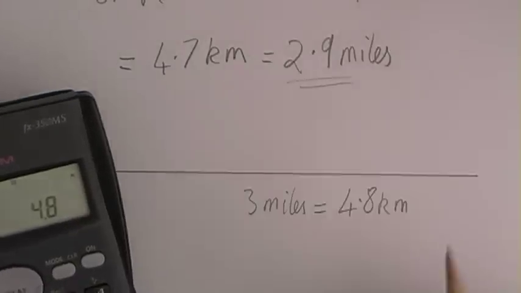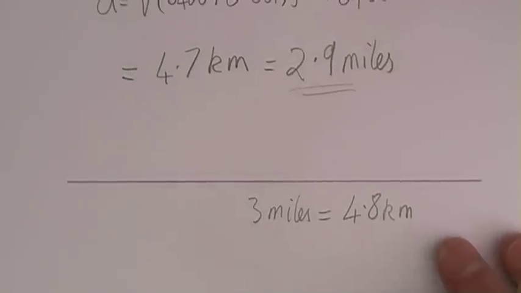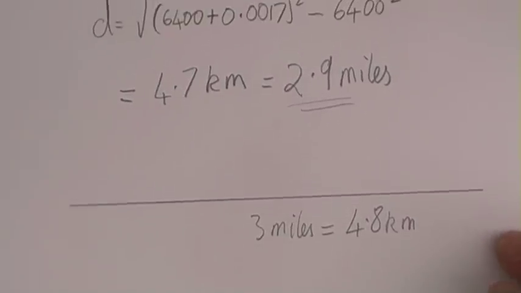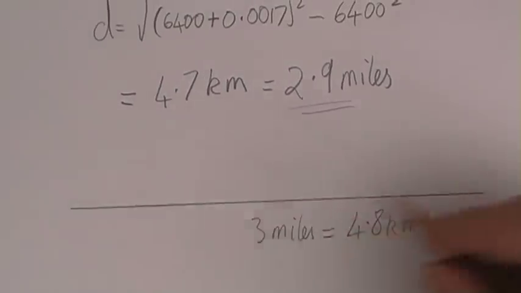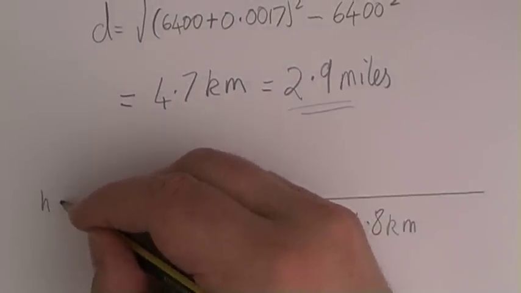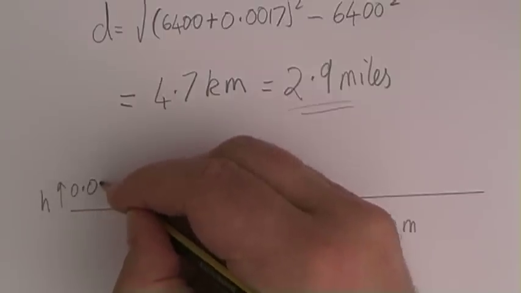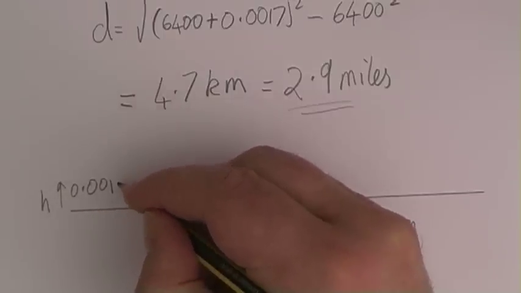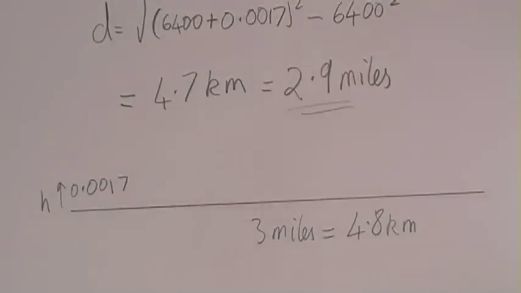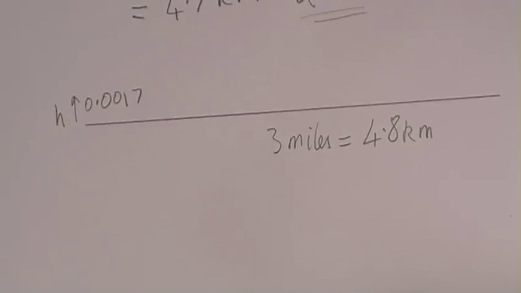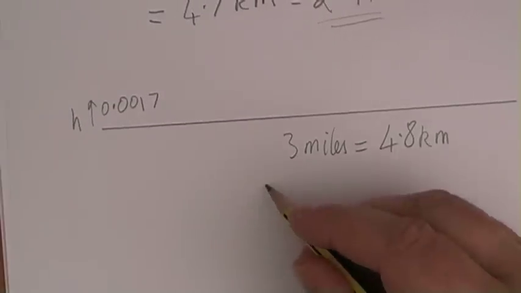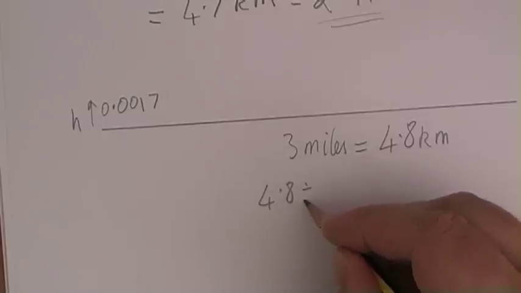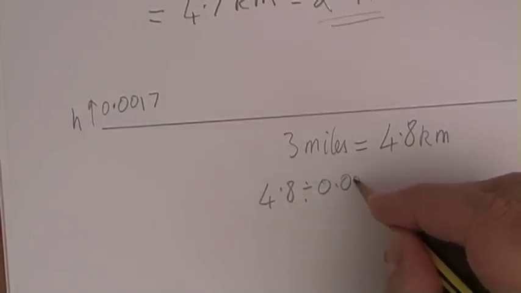And a person's height is 0.0017. So let's do 4.8 divided by 0.0017.